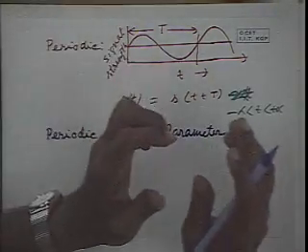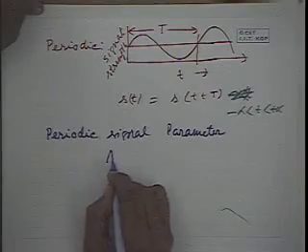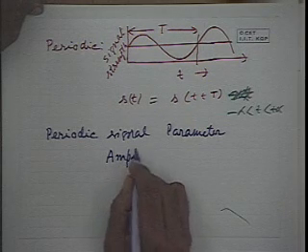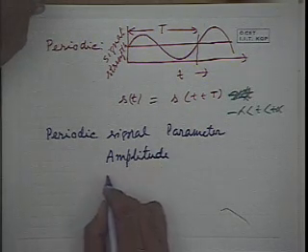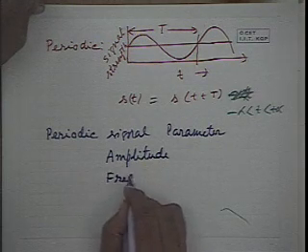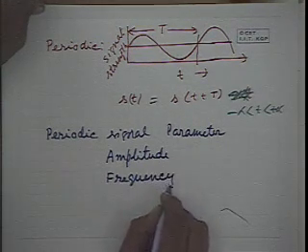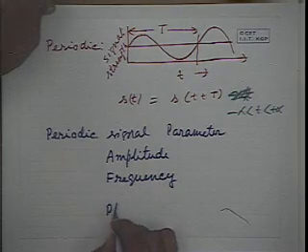In other words, whenever there is a periodic signal, it can be characterized by 3 parameters, and these 3 parameters are amplitude, frequency, third is phase.